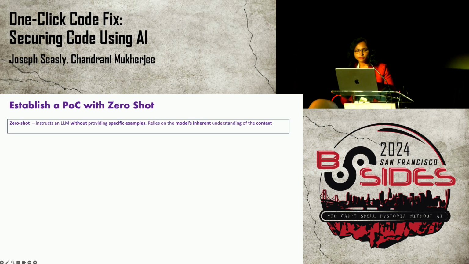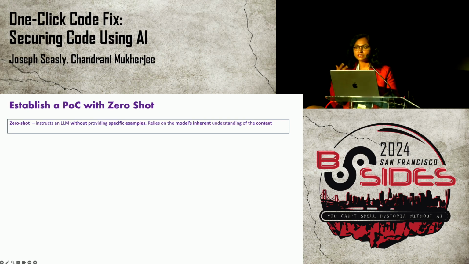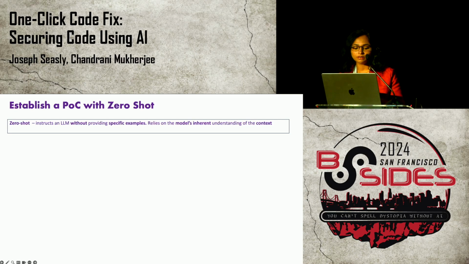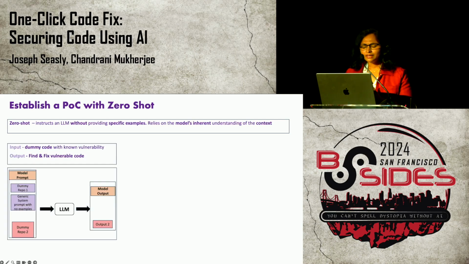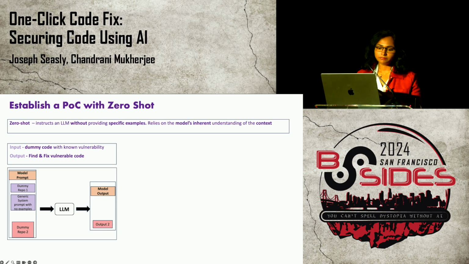Therein, you rely on what the model already knows, the intrinsic knowledge of the model, and you rely on the model to give you the most optimized results. As an input, we created a dummy repo with some very obvious, straightforward vulnerabilities in it. And we said, okay, find and fix whatever you can.